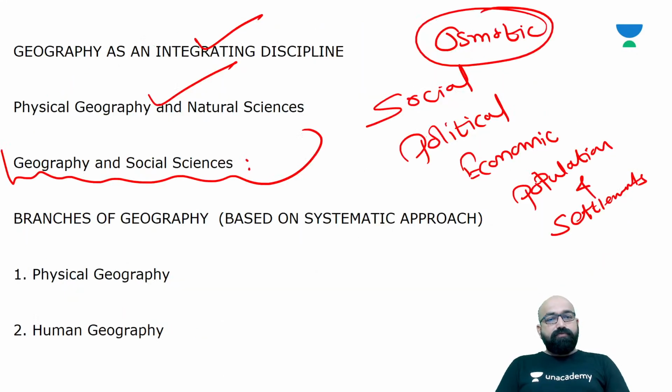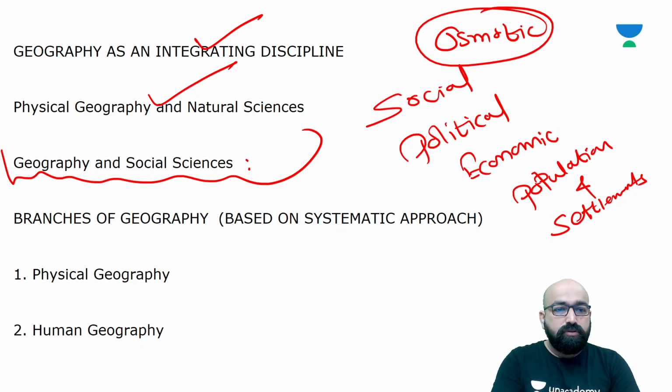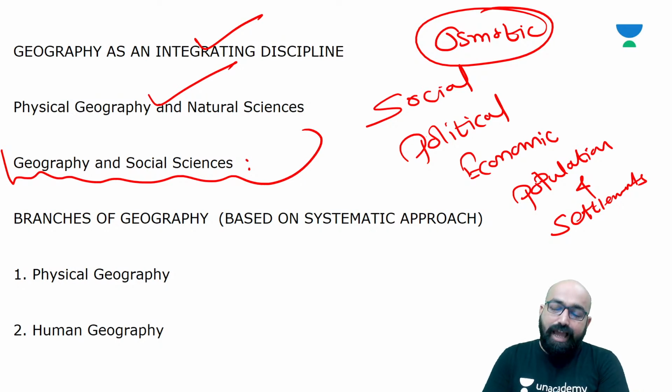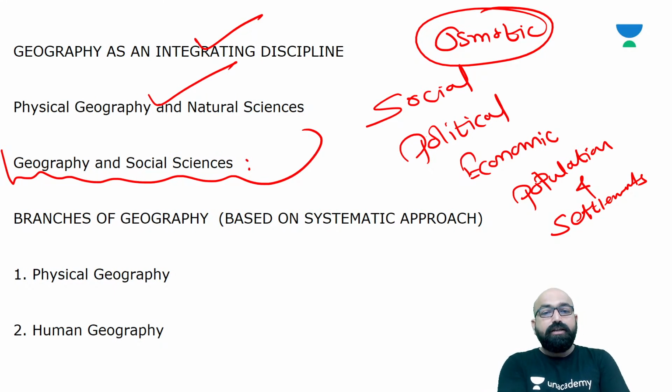Now, friends, we will discuss the branches of geography. So, there are branches based on the systematic approach and the branches based on the regional approach. So, systematic approach and regional approach we will discuss. So, let's start with the branches of geography based on the systematic approach.